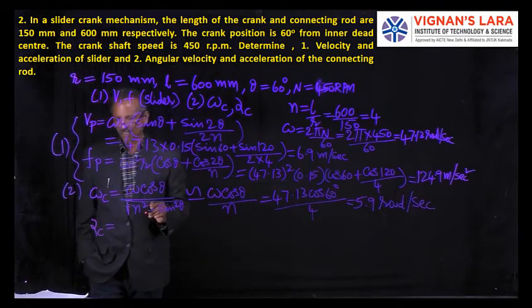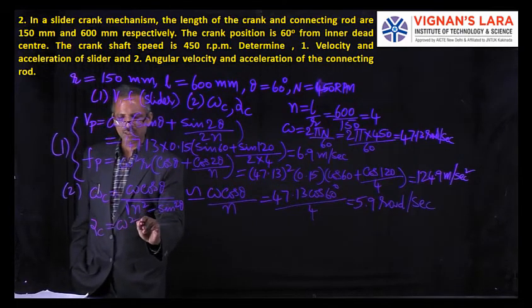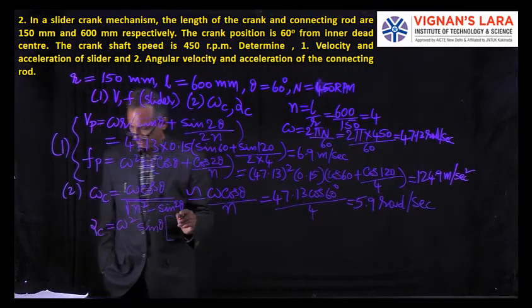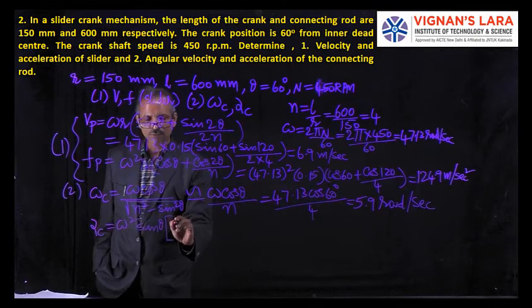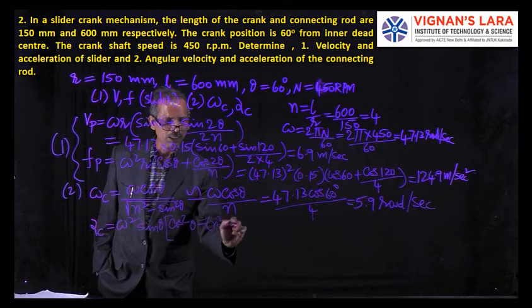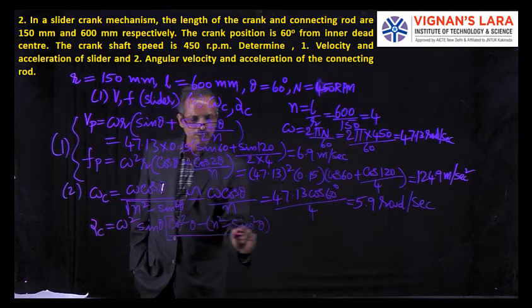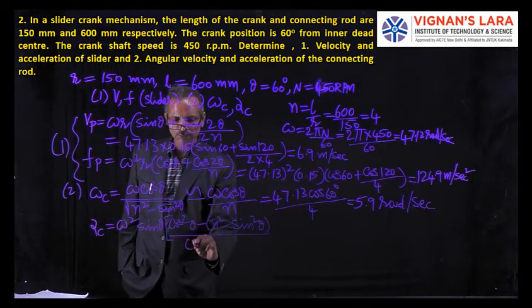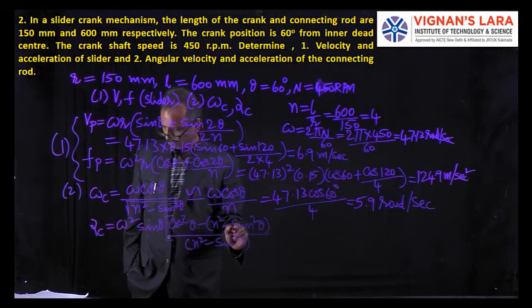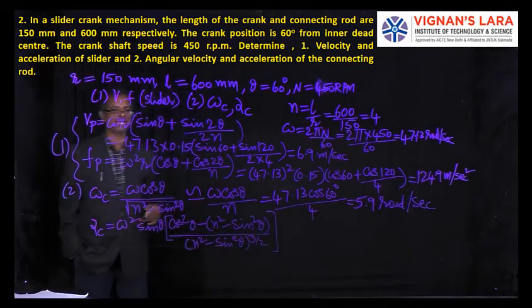You are aware of this equation; I am writing the complete equation: omega square sin theta by cos square theta, minus n square minus sin square theta by n square minus sin square theta whole to the power of 3 by 2. This is the complete equation which we derived earlier.